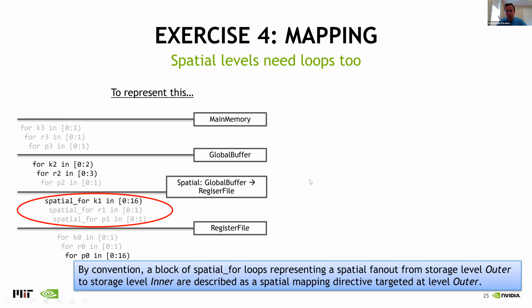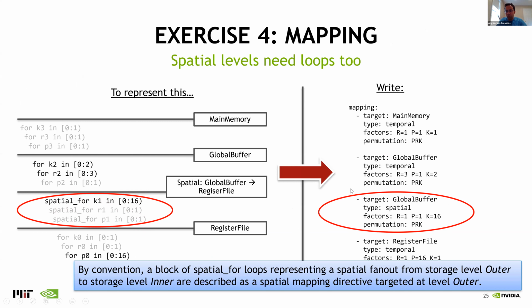But the way you represent that in Timeloop is just like we were representing the temporal mappings before. We add this additional block here, which represents the spatial block of loops. But otherwise, the syntax is exactly the same as what we were using for the temporal loops.